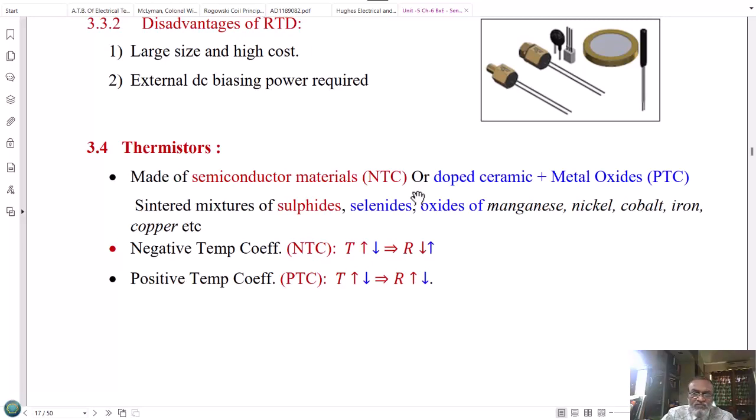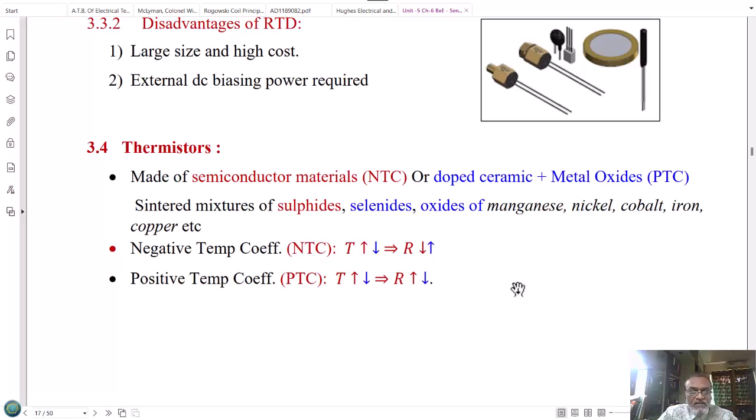These ceramics doped with metal oxides can have positive temperature coefficients, whereas basic semiconductor material thermistors have a negative temperature coefficient of resistance. Normally, a sintered mixture of sulfide, selenide, and oxides of manganese, nickel, cobalt, iron, and copper, etc., can be used for development of thermistor sensors.